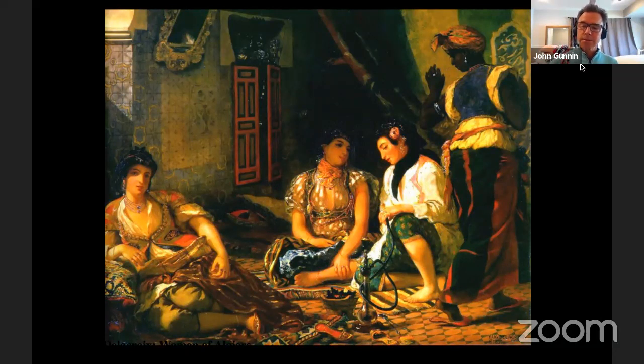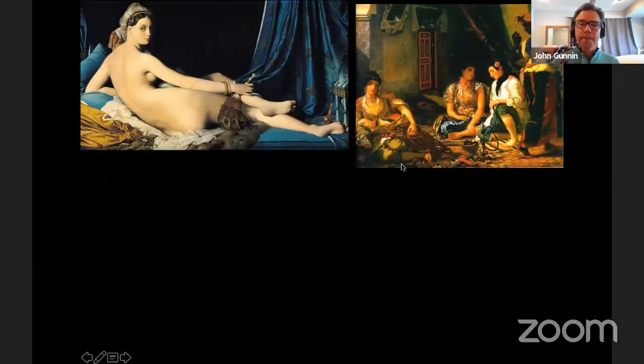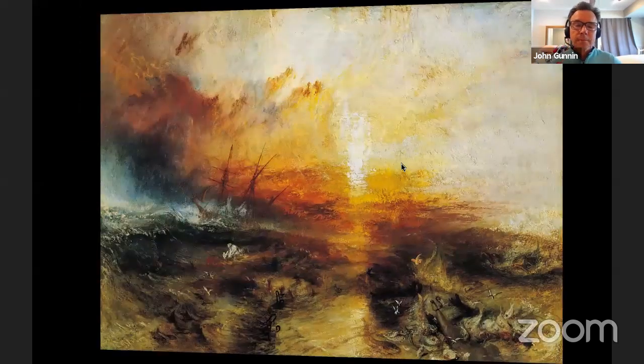And they said, oh, it's just gibberish. So there was this production of what the exotic culture was like. And this is why I'm showing it, just to take you back to the Ingres Grand Odalisque for a moment.